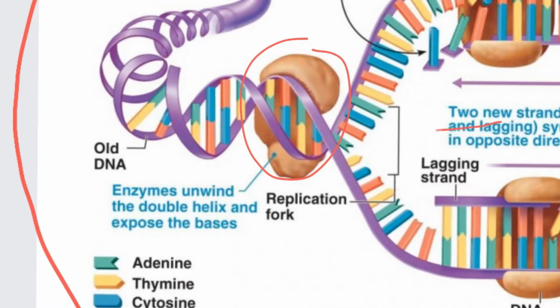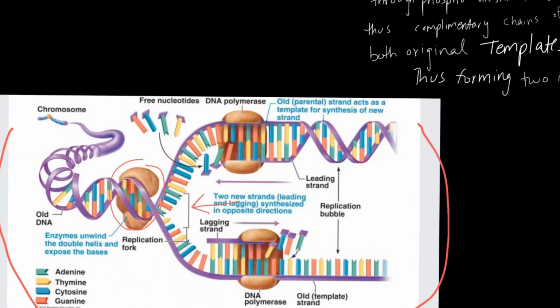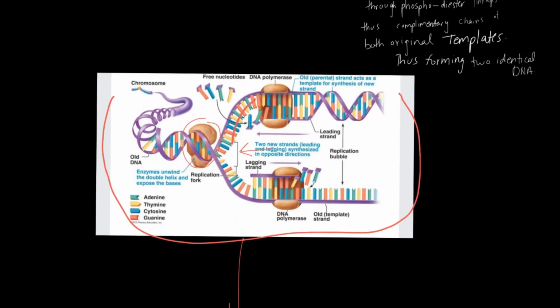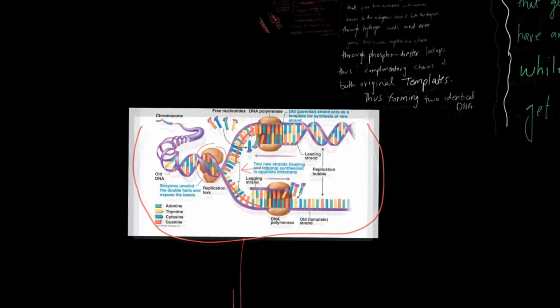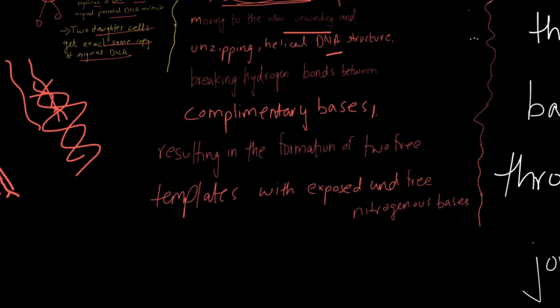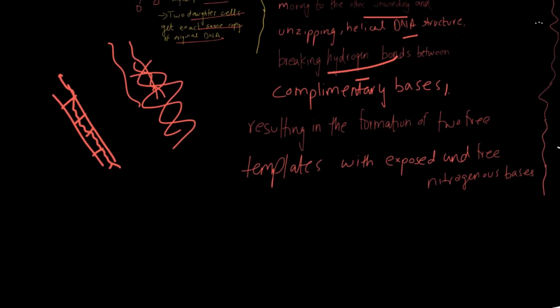It moves from here, so it unwinds and unzips the helical structure of the DNA, and as we can see, two free templates are produced right here. They're unwound and unzipped, right? So they break the hydrogen bonds. Then it says how it breaks the hydrogen bonds between the complementary bases.